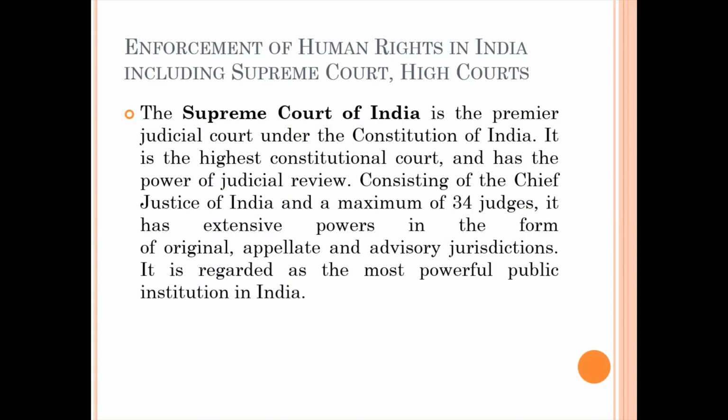It has extensive power in the form of original, appellate, and advisory jurisdiction. The Supreme Court is called the guardian of human rights or any other law. At present, there are 32 judges in the Supreme Court.